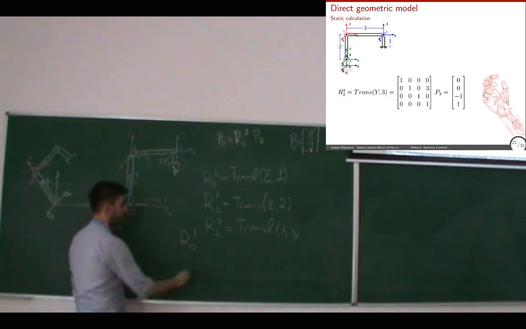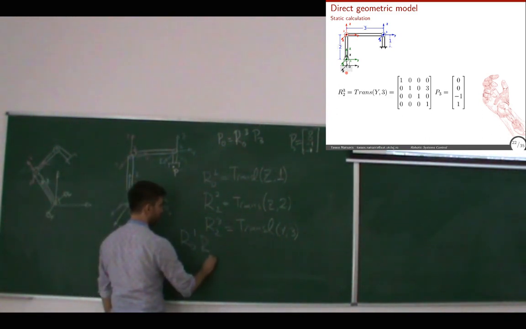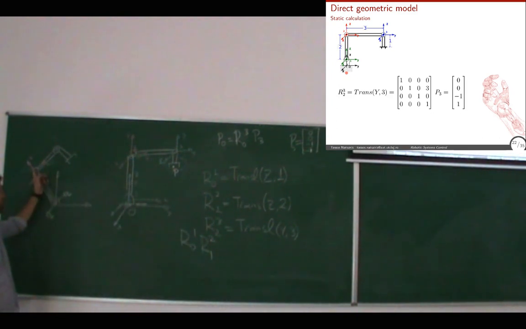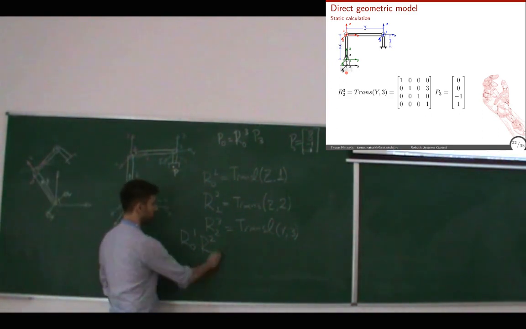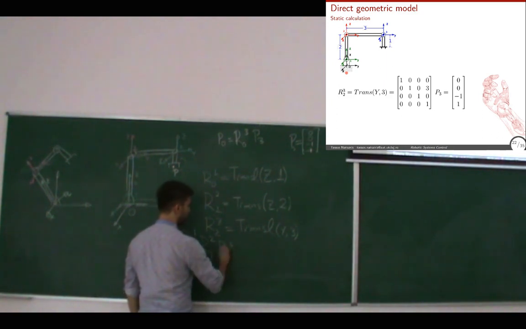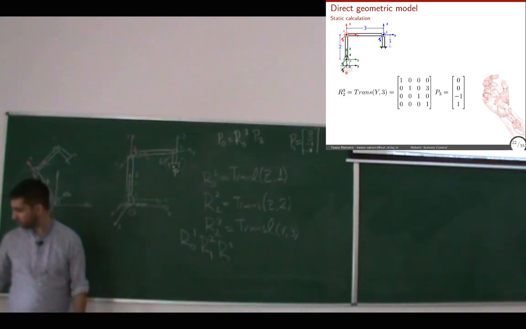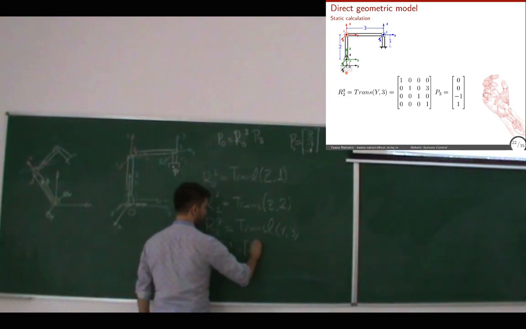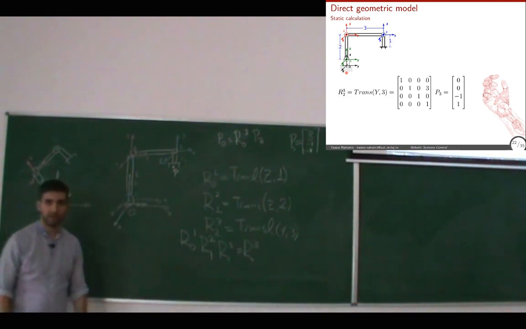From the right. Okay, so 1 to 2. And then I should move along this axis, not this axis, to go to the third one. So I should again multiply from the right. Okay? And this will give me R03.